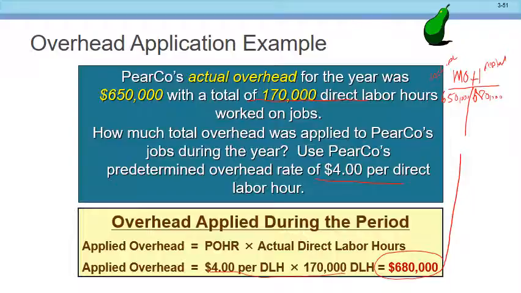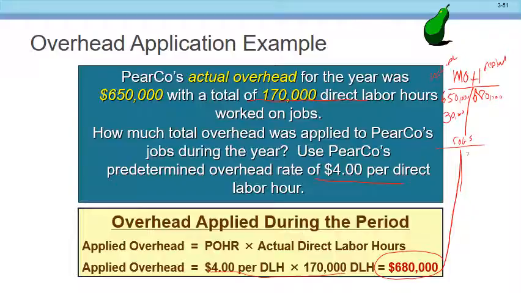So do I have an under or over applied here? I have an over applied, so I need a debit over here of 30,000, don't I? So that's now zeroed out, isn't it? And the question becomes, where's my credit going to go? And if it is not material, that credit will all go to what? My cost of goods sold, right?